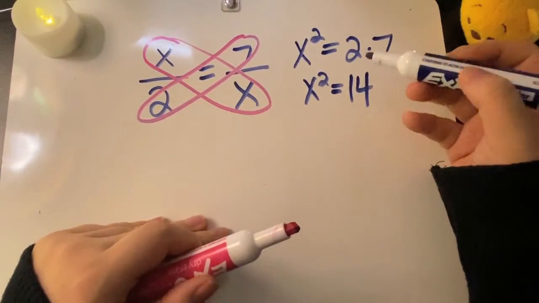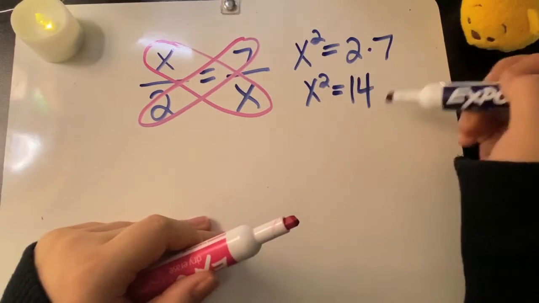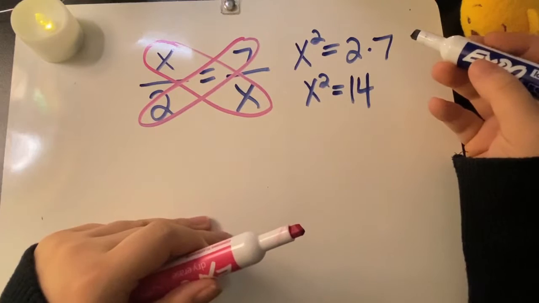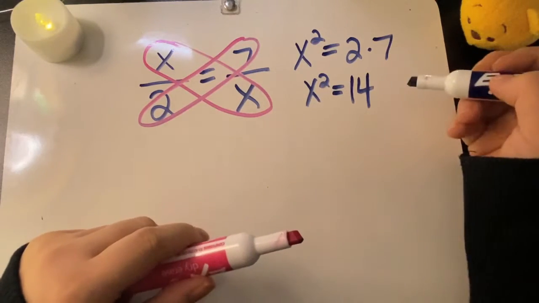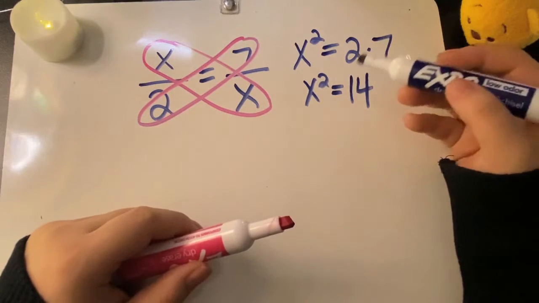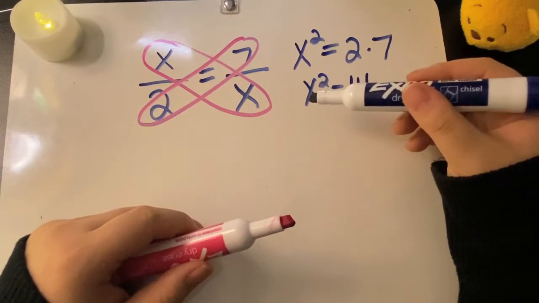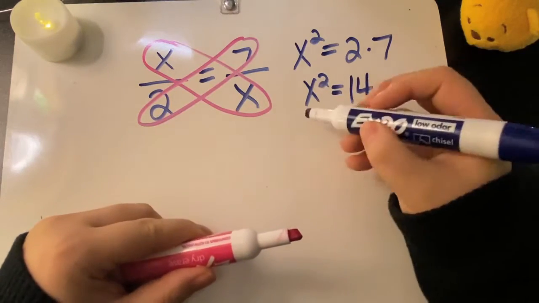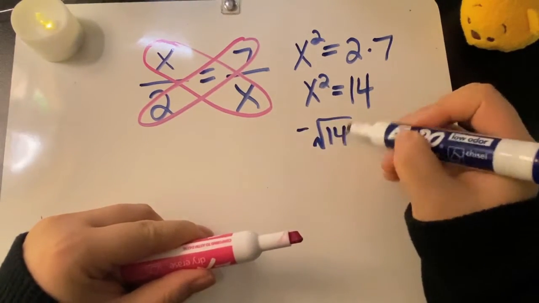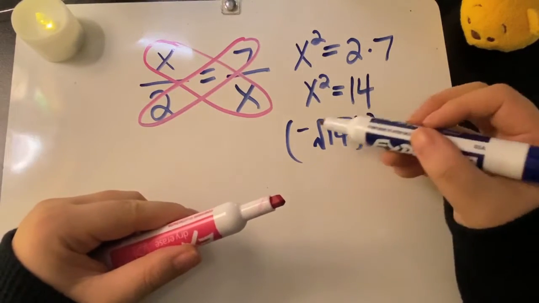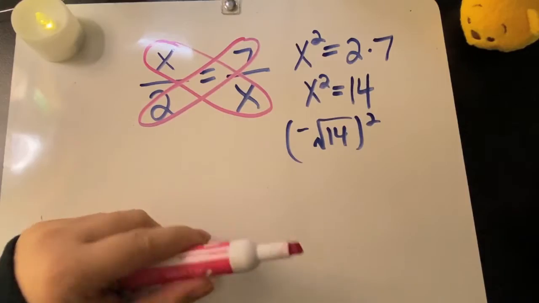In this case, since we have x squared written like this, be careful, we have to do plus or minus square roots on both sides. Square root undoes the squared part, but we want to have plus or minus because negative square root of 14 squared in parentheses like this is also positive 14, because negative 1 squared is positive 1.